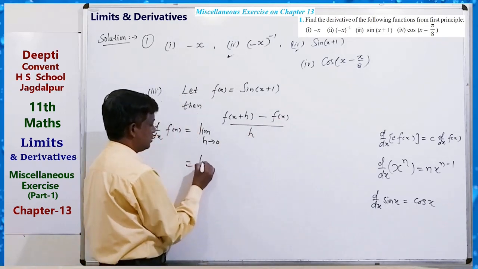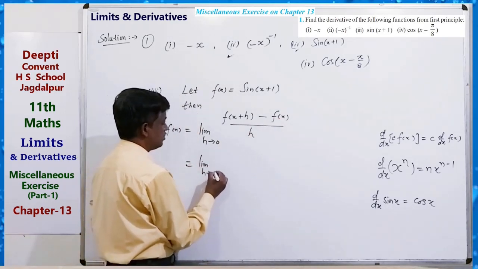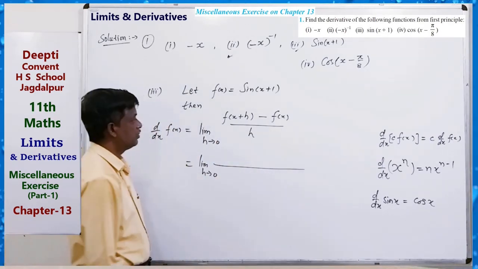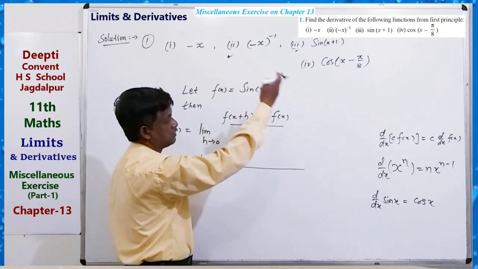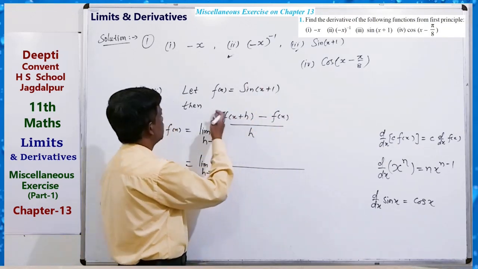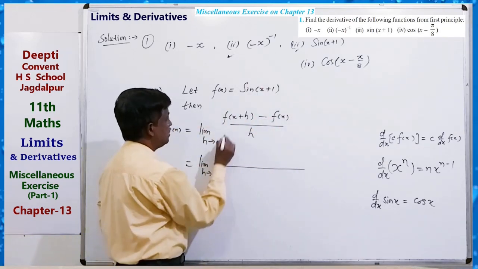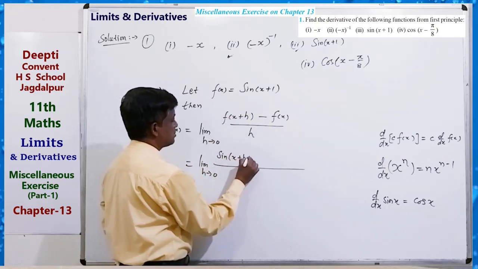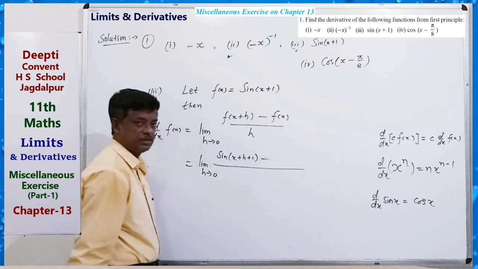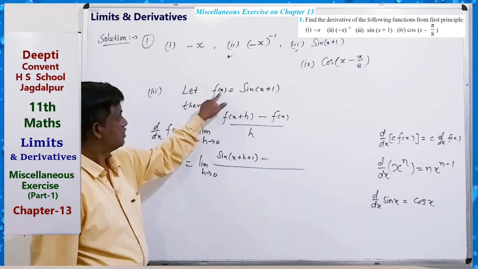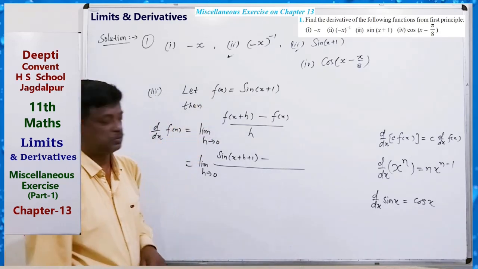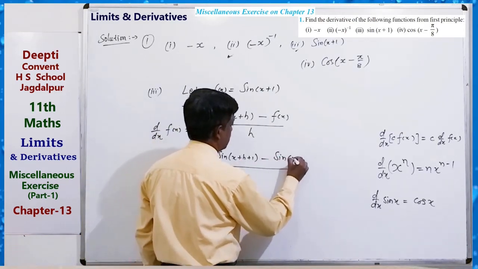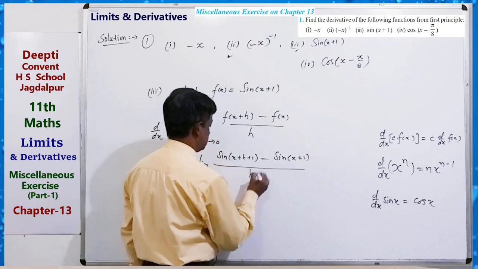So limit h tending to 0: f(x + h), in this sine, in place of x just put x + h + 1, minus sin(x + 1), upon h.